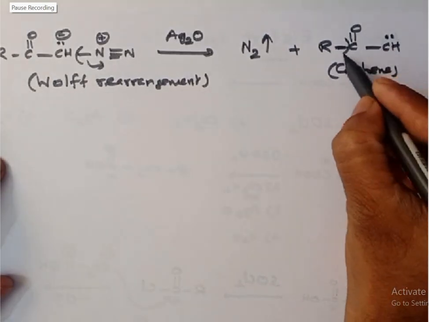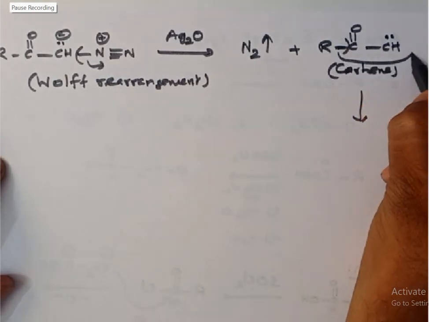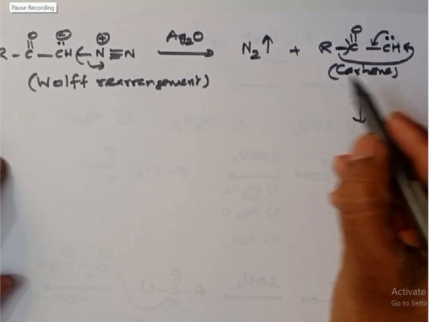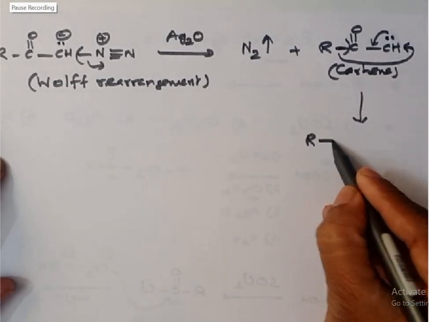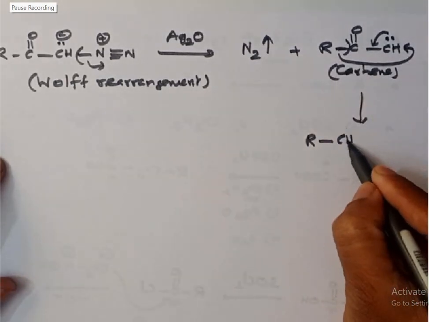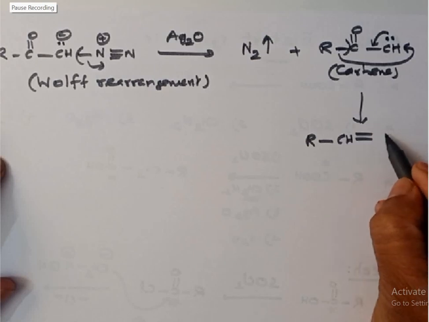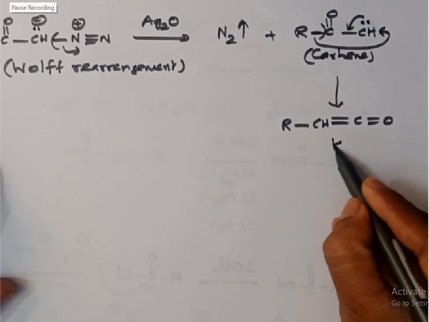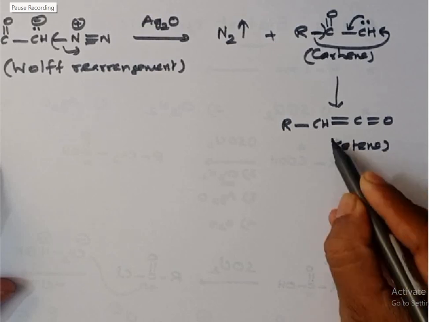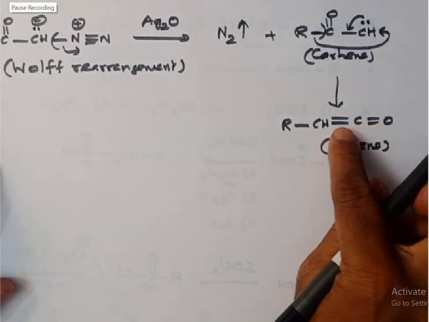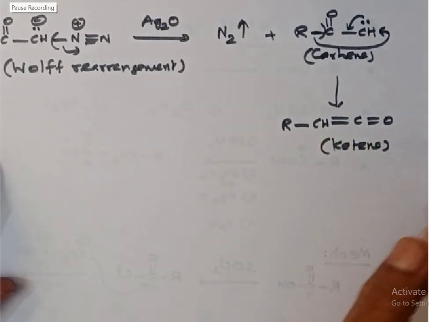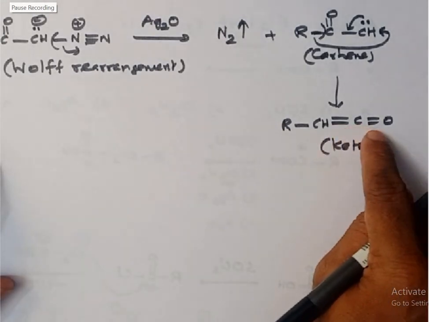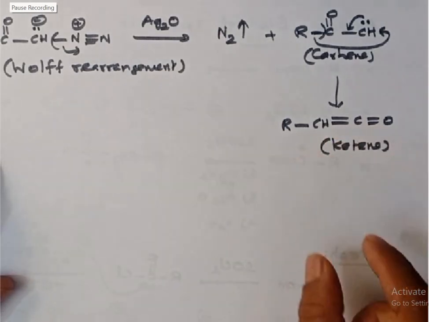This bond breaks and attacks this carbon, and this lone pair moves here, so that you will get the corresponding ketene, RCH double bond C double bond O. We have an alkene and we have a keto group, so this compound is called ketene.